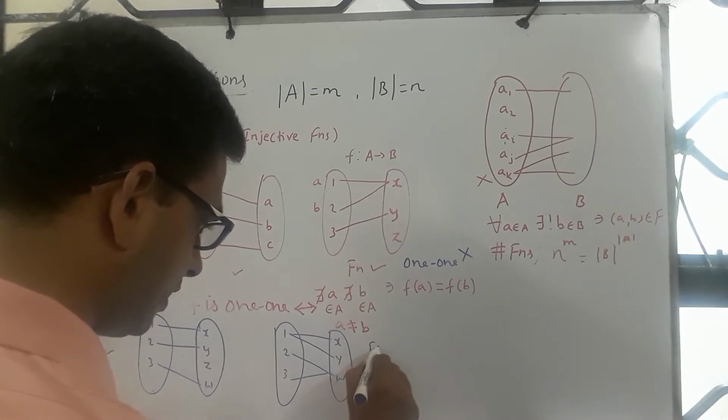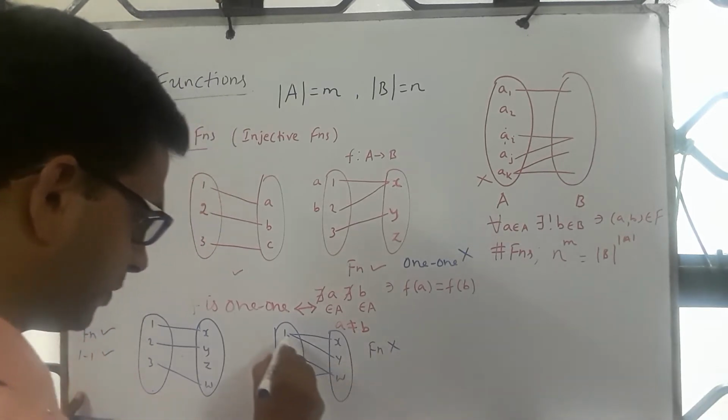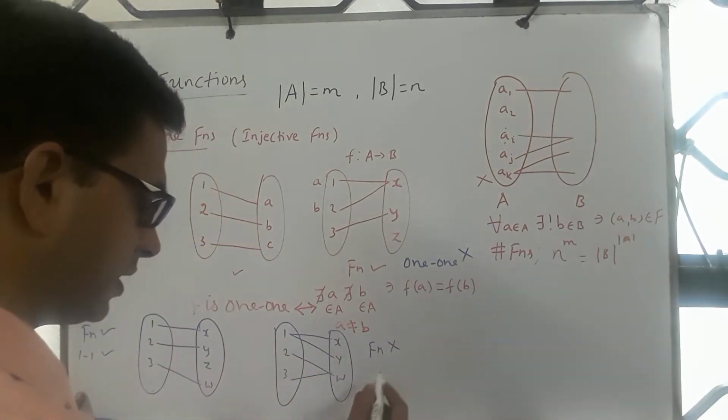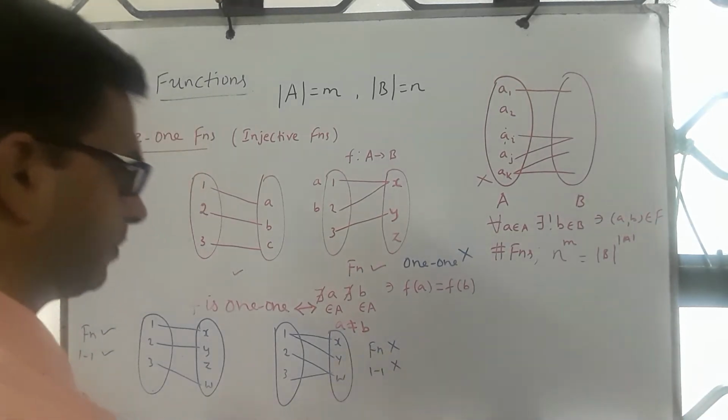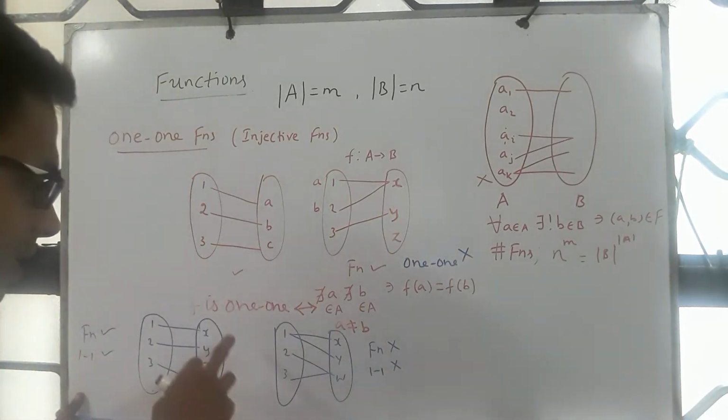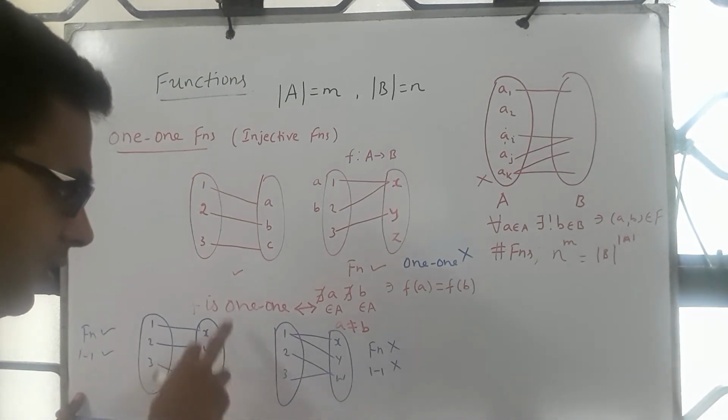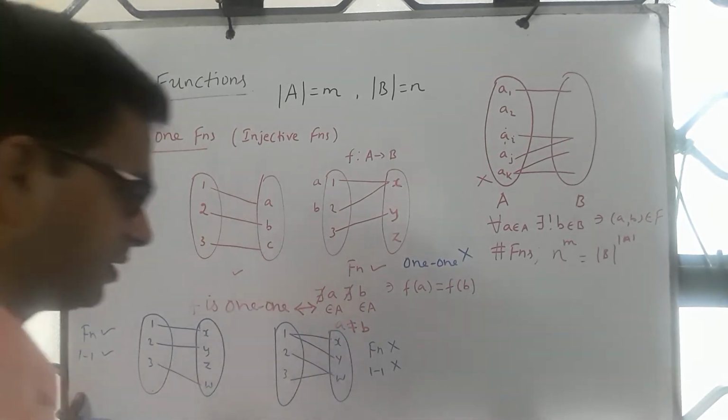Is this a function? No, it is not. 1 is mapped to two elements. Since it is not a function, it is clearly not one-to-one. So one-to-one is a function that, on top of it, satisfies this.